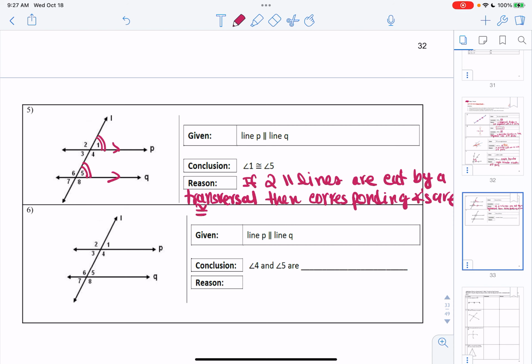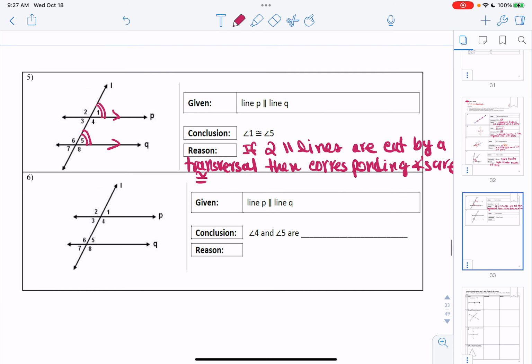Okay. Let's take a look at the following one. Once again, we're given that P is parallel to Q, and we are saying that angle 4 and angle 5 are not congruent, so I'm not labeling them together, but we know they are same side interior angles, so that would mean they are supplementary.